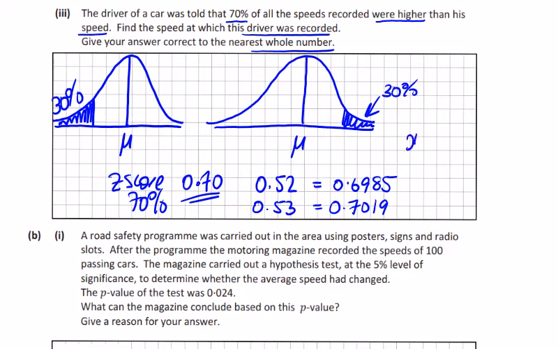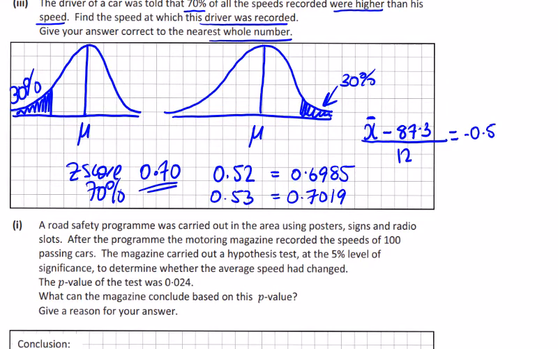So some test statistic minus the average of 87.3, divided by the standard deviation, which was 12, is equal to this z-score that's representing 70%, which is 0.525, or in this case it's minus 0.525 because it's below.